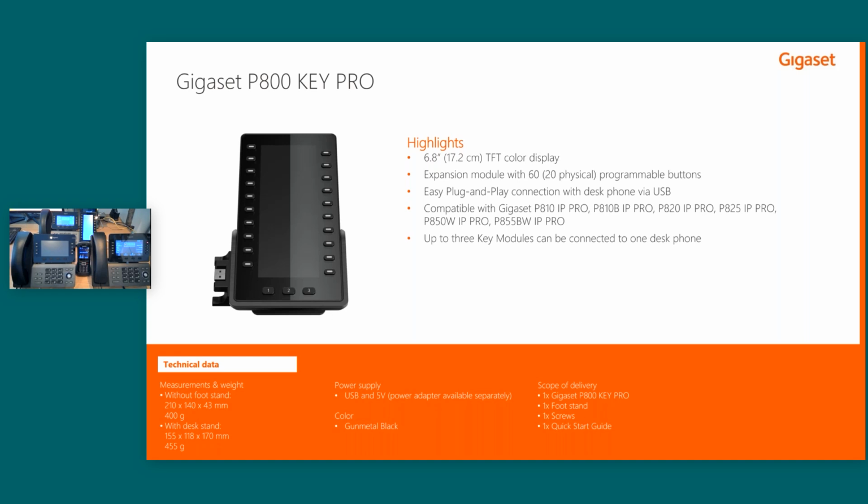So you can connect one over PoE, but from the second, you need the optional power supply. And you can connect the P800 on the P810, 820, 825, 850, and 855. Everything is the same key module.